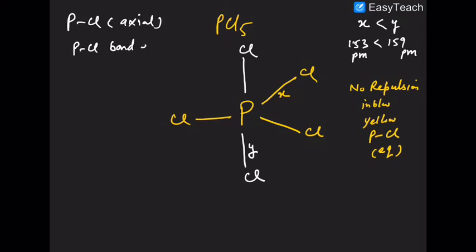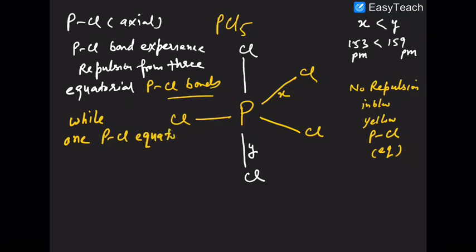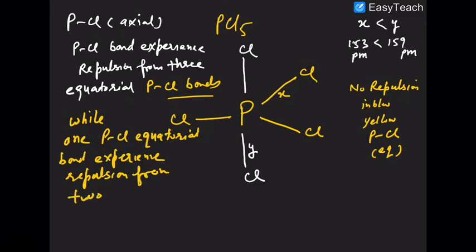The axial PCl bond experiences repulsion from three equatorial PCl bonds, while one PCl equatorial bond experiences repulsion from two axial PCl bonds.